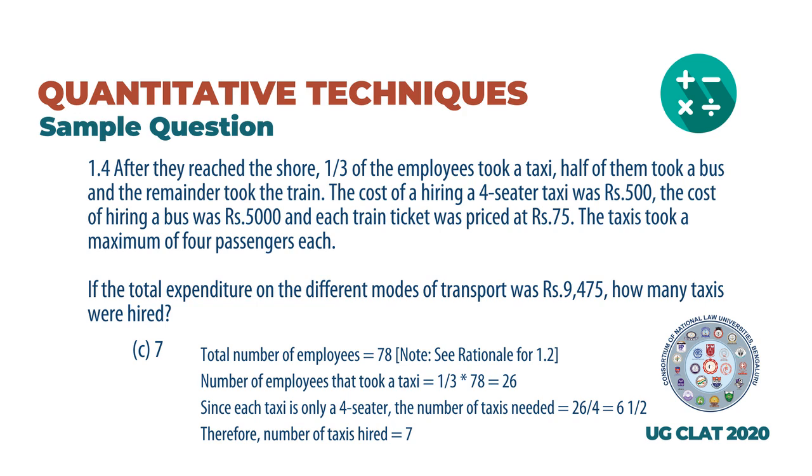The number of employees that took a taxi is equal to 1/3 multiplied by 78, which is equal to 26. Since each taxi is only a 4-seater, the number of taxis needed is equal to 26 divided by 4, which is equal to 6.5. Therefore, the number of taxis hired is equal to 7.